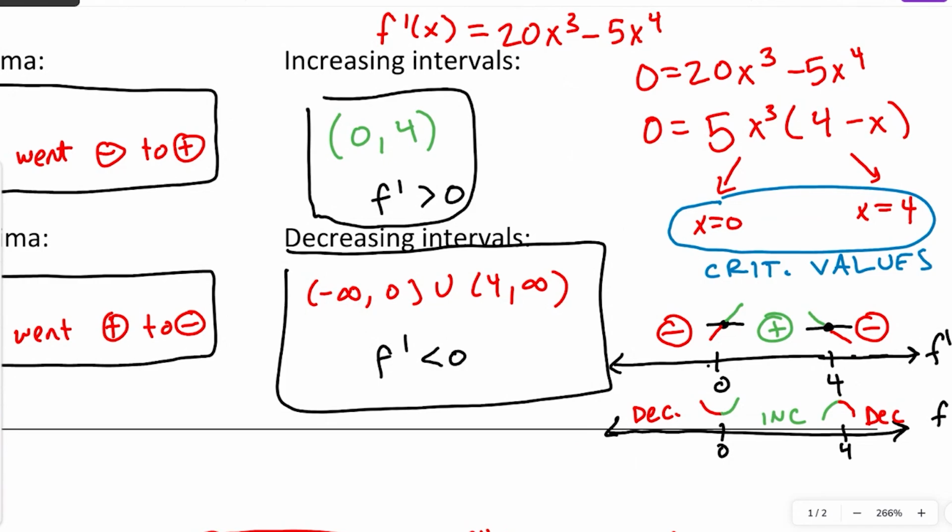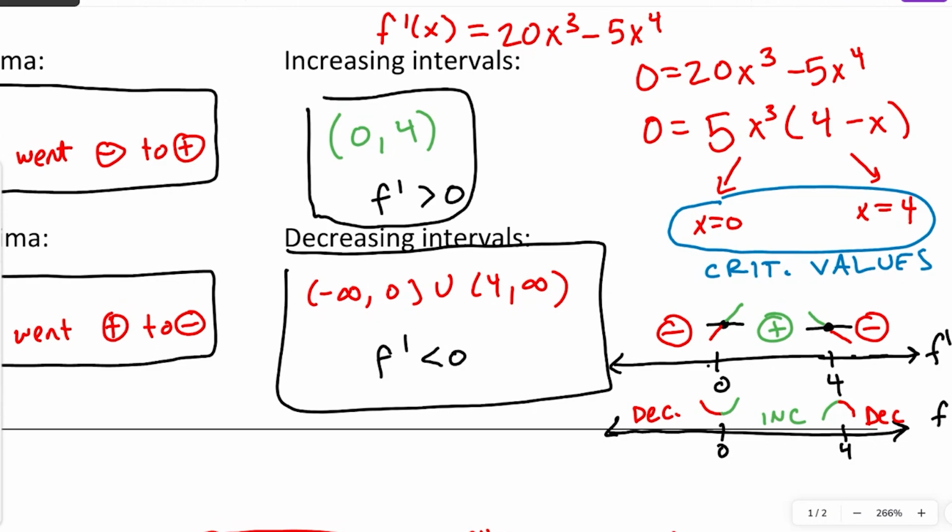But if we have a local minimum where the slope's changing from negative to positive, this whole U-shaped looking thing is a place on the graph where the function is concave up. So if we can determine where the function's concave up, if f prime is 0 on a concave up interval, then it has to be a minimum.